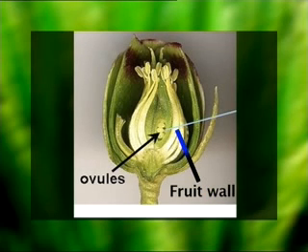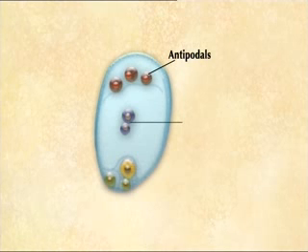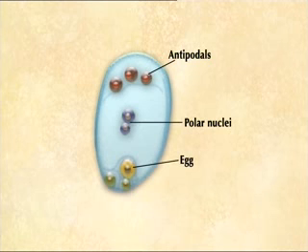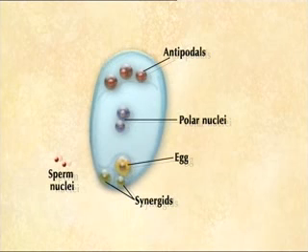One more unique feature associated with angiosperms is a phenomenon called double fertilization. What is this double fertilization? It leads to the formation of a triploid nutritive tissue called endosperm.